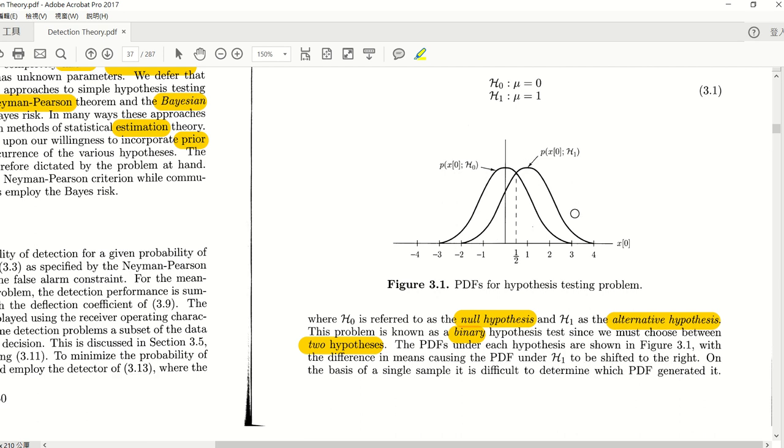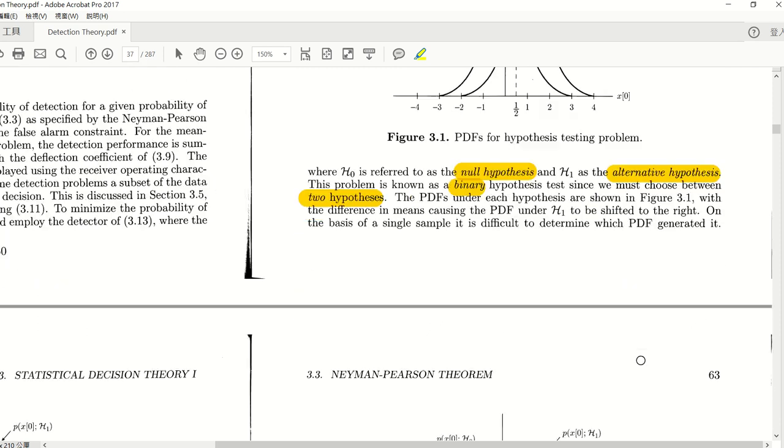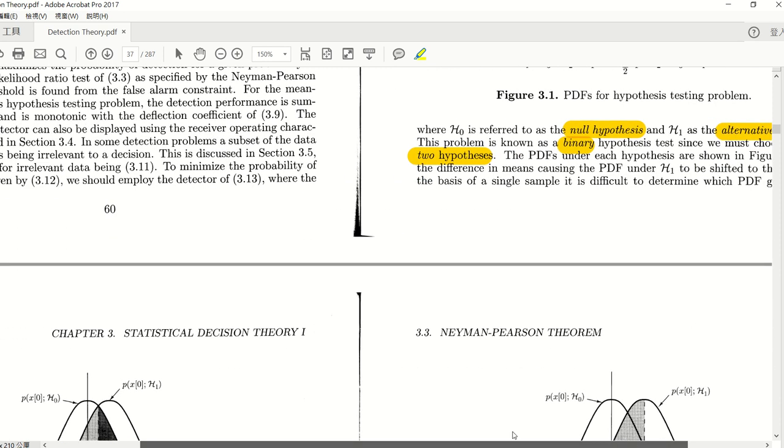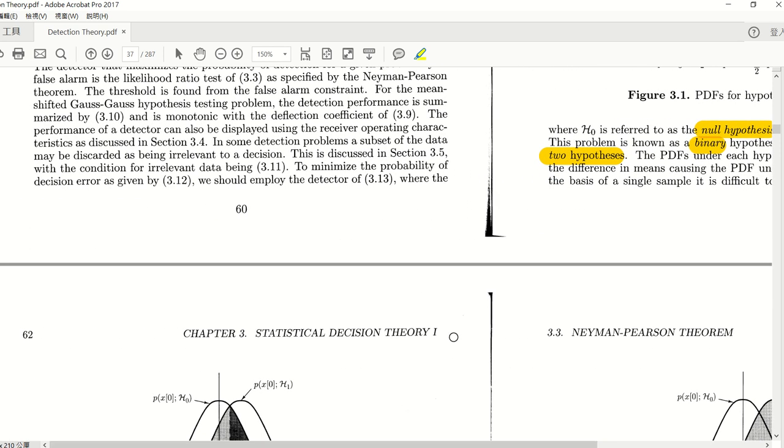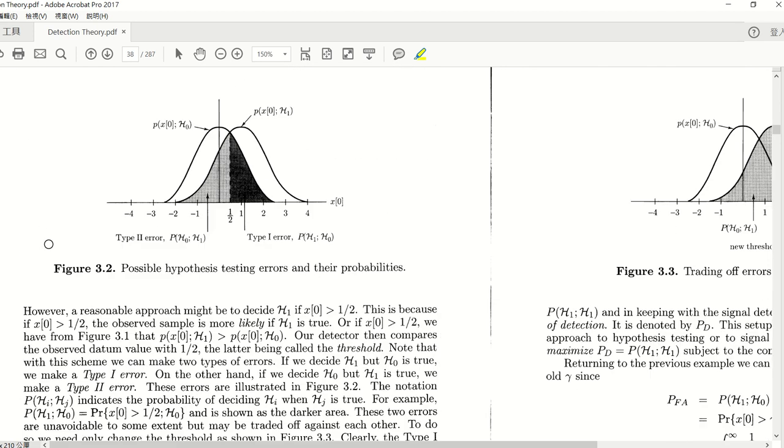This is shifted to the right. On the basis of a single sample, it's difficult to determine which PDF generated it. Okay, so let's go to the next page. Page 62.